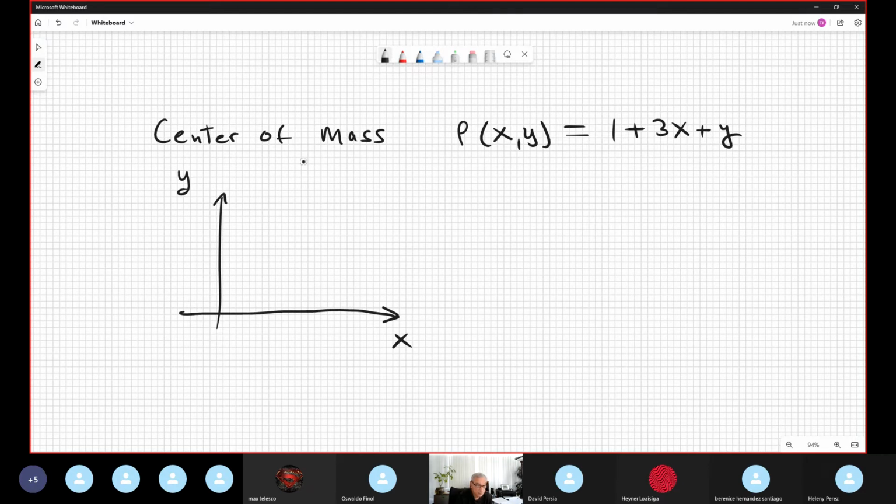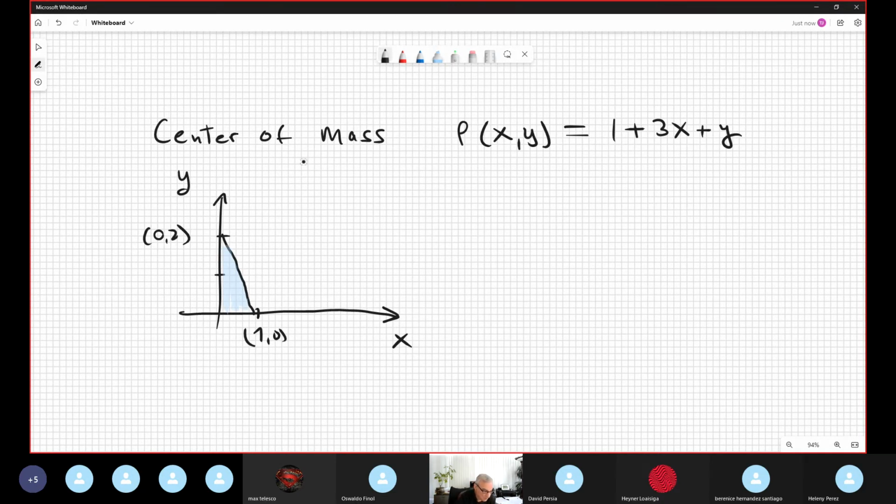Triangle like that. 1, 2. Well, sorry. 1. This is going to 0.2. And this is 1.0. Like that. This is my figure. I want to find the center of mass. Okay.